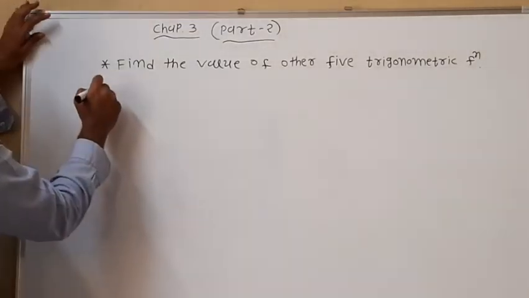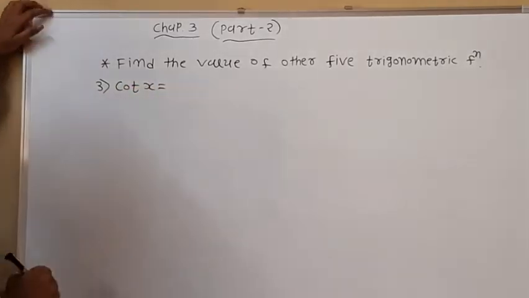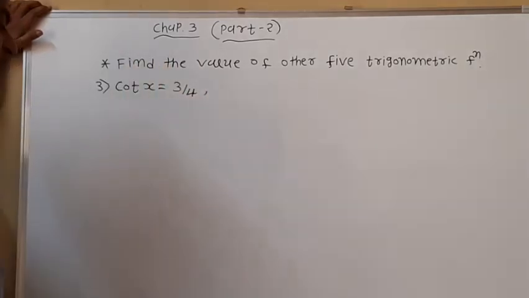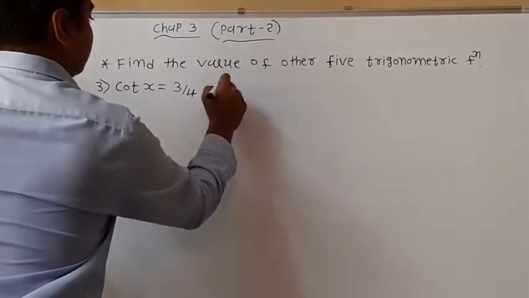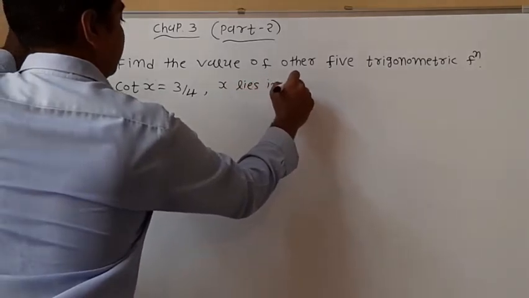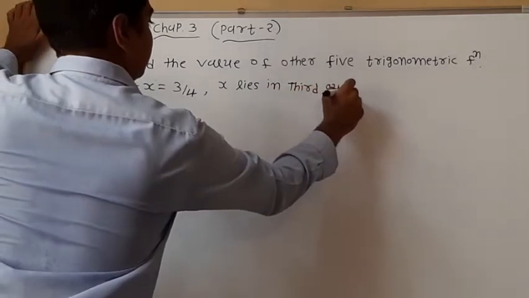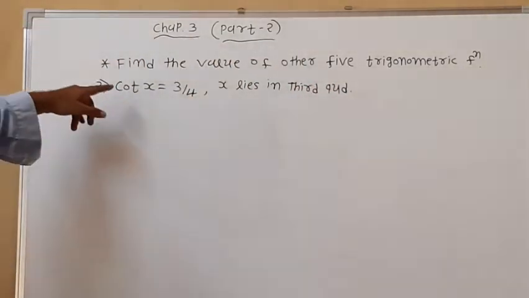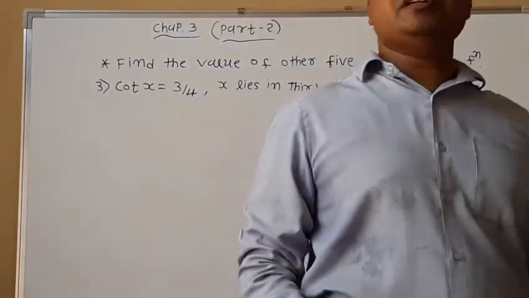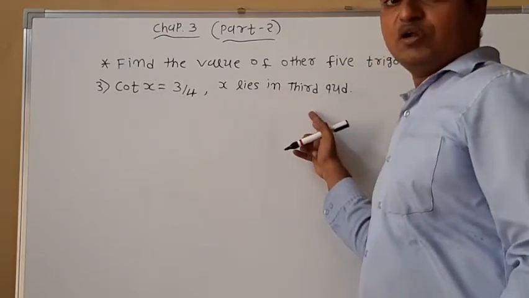Question number 3. cot x is equal to 3 by 4 is given, and x lies in the third quadrant.